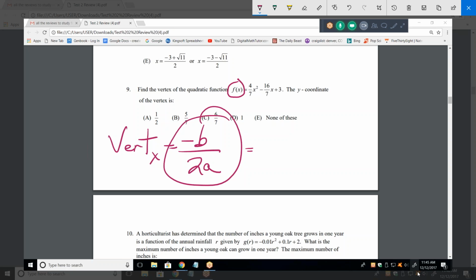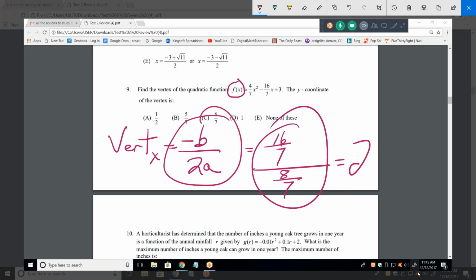So 16 over 7 over 2a. What's 2a? It'd be 8/7. Simplify that. You divide a fraction by a fraction. It'll be 2. That's the x-coordinate of the vertex.